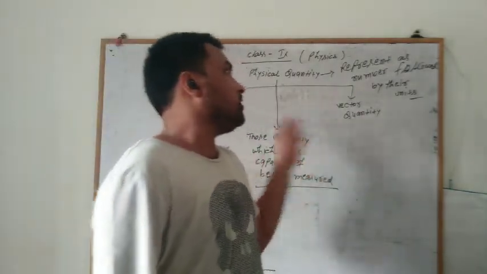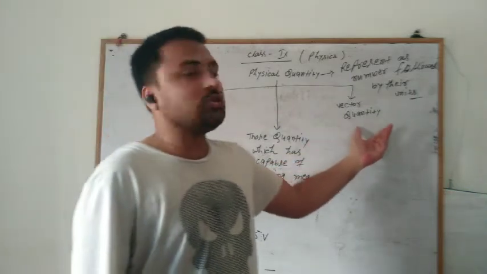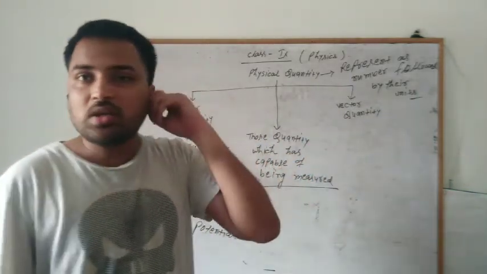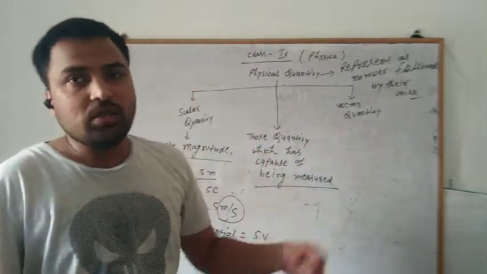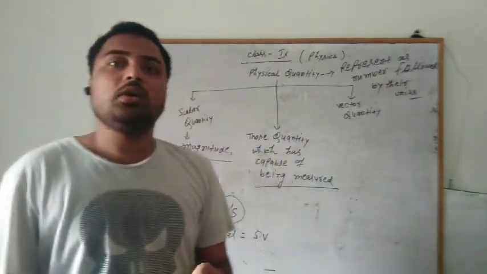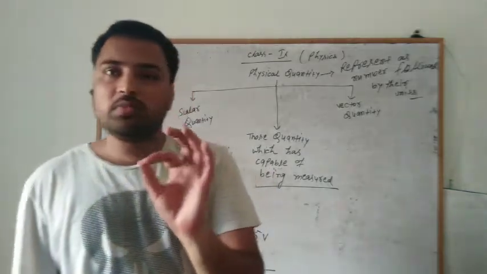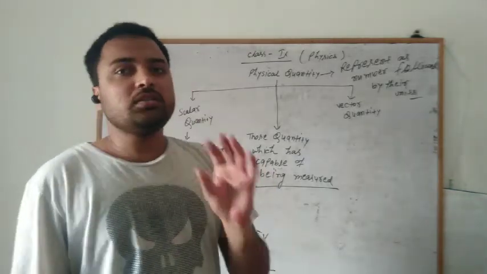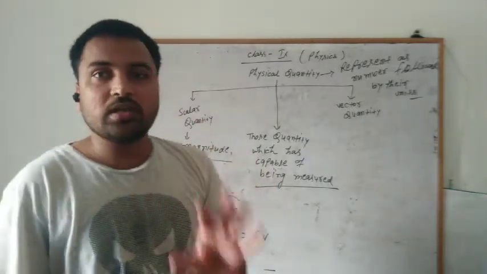So what is the difference in the concept of the vector quantity? The vector quantity is a physical quantity which has magnitude as well as direction. Okay, so here one thing that is necessary is direction. We will talk about the directions.